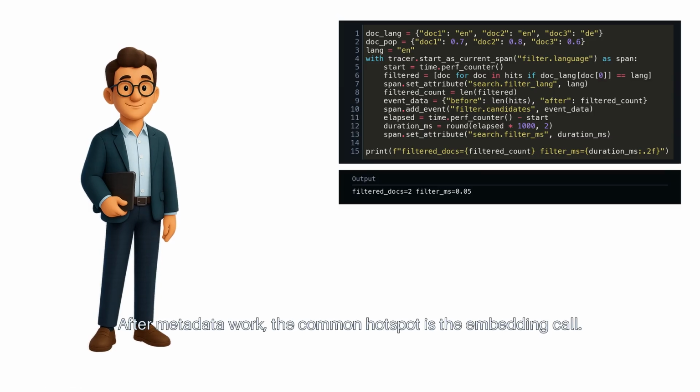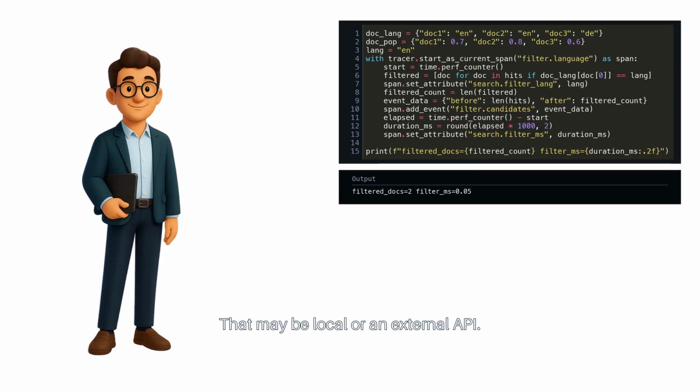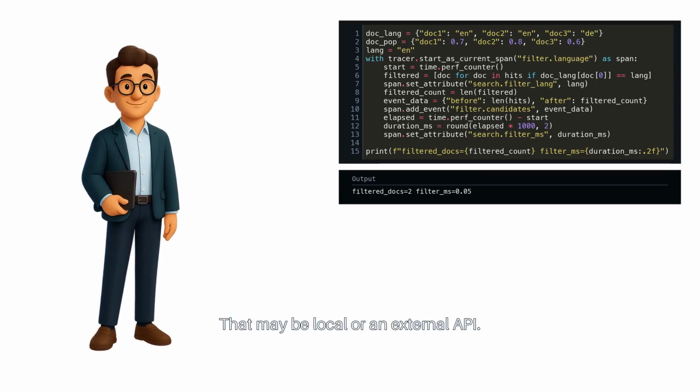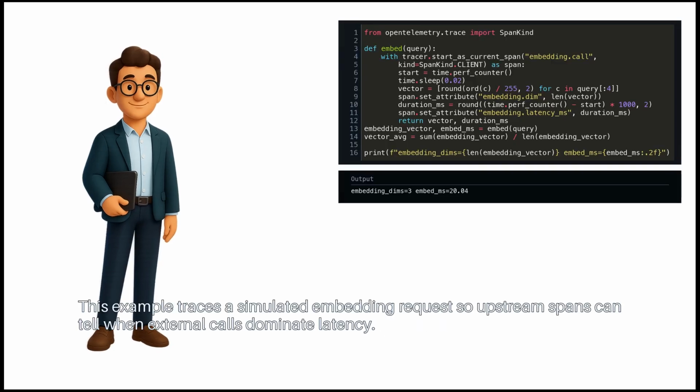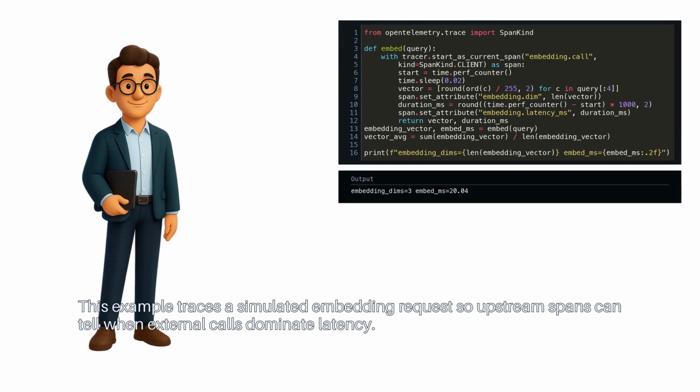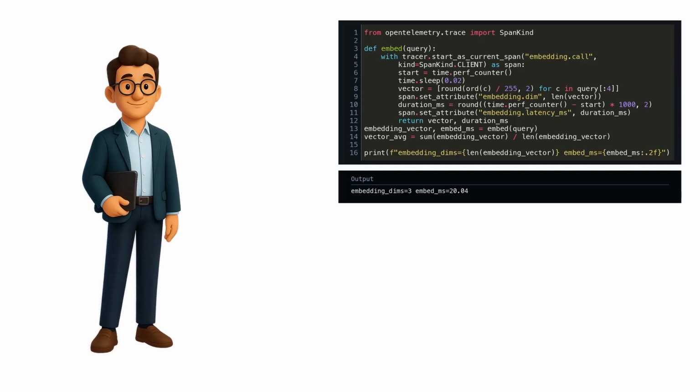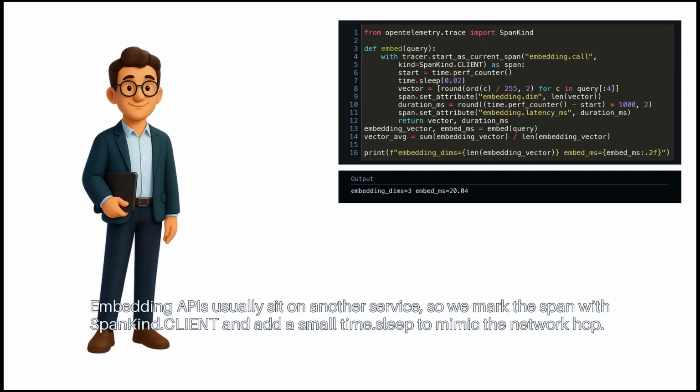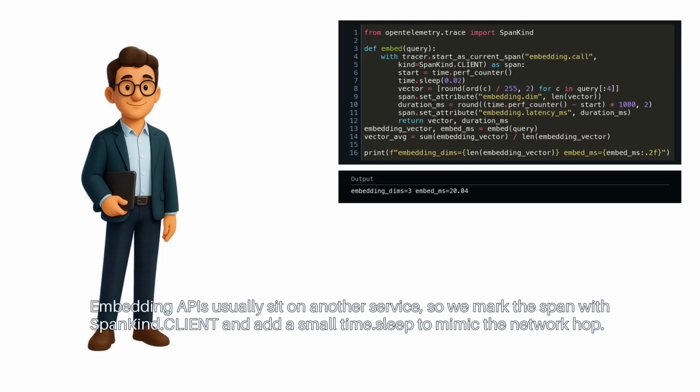After metadata work, the common hotspot is the embedding call. That may be local or an external API. This example traces a simulated embedding request, so upstream spans can tell when external calls dominate latency. Embedding APIs usually sit on another service, so we mark the span with span kind client and add a small time.sleep to mimic the network hop.